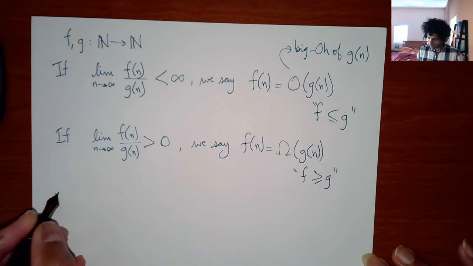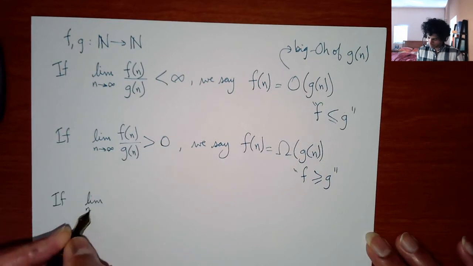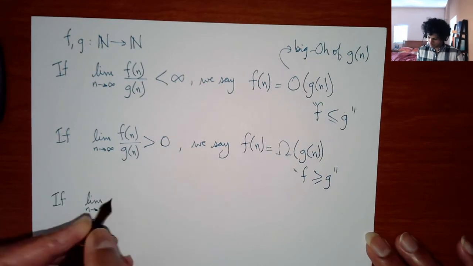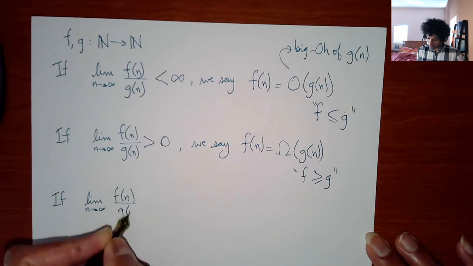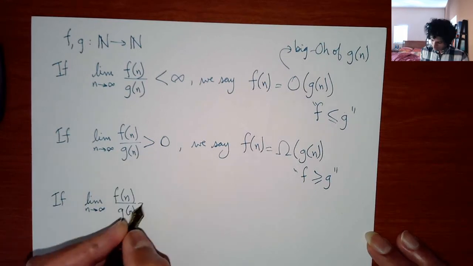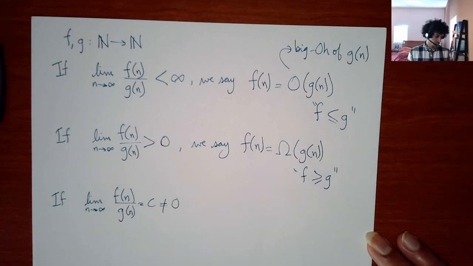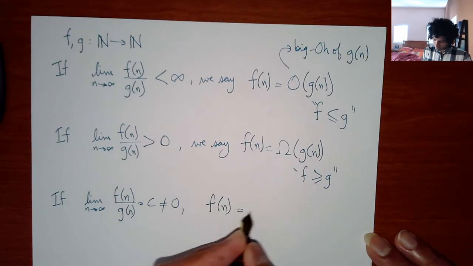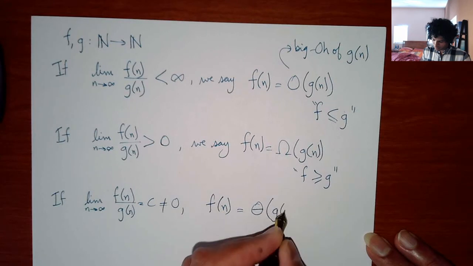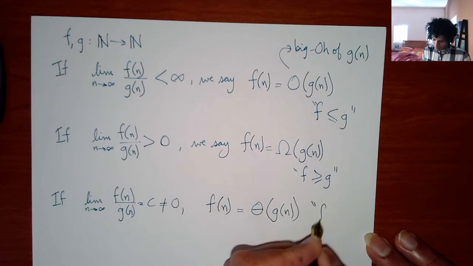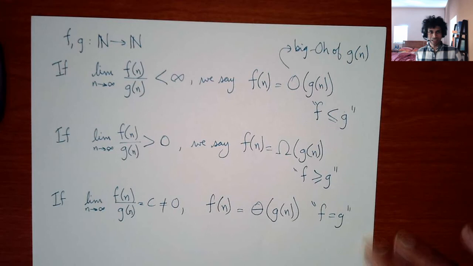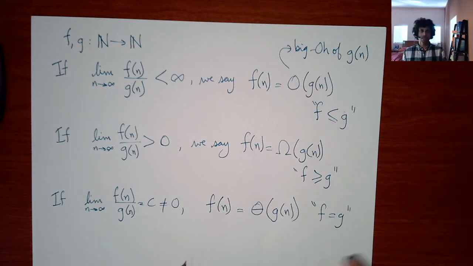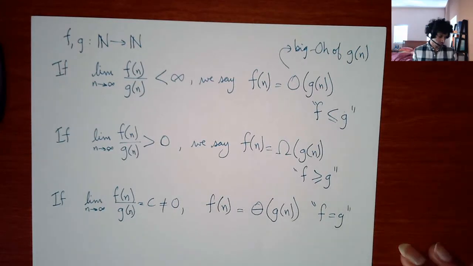And if the limit of f of n divided by g of n is c not equal to 0, then we say f of n is theta of g of n, and that's like saying that f is equal to g. Doesn't mean they're really equal, they're not the same function, but they're asymptotically the same.